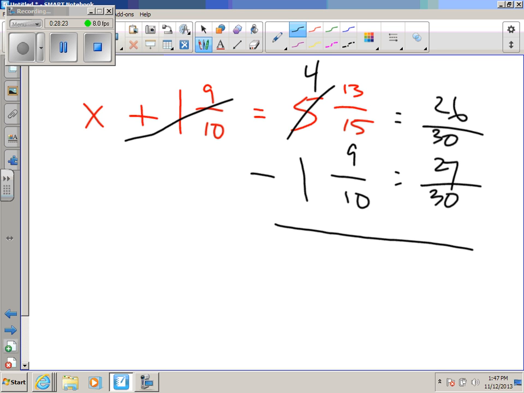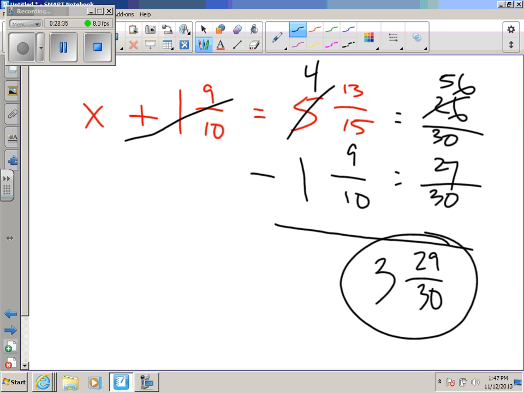So I just borrowed how many 30ths? 30. 56 minus 27. And 3. 3 and 29/30.